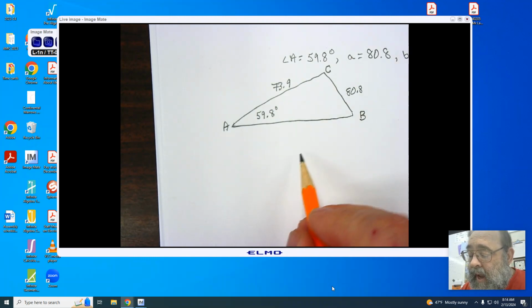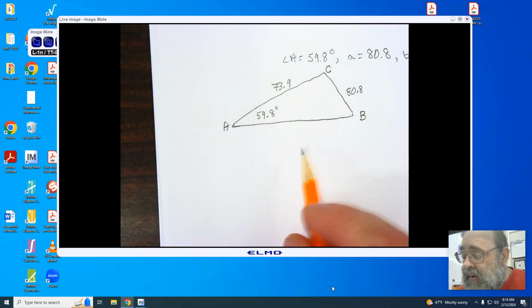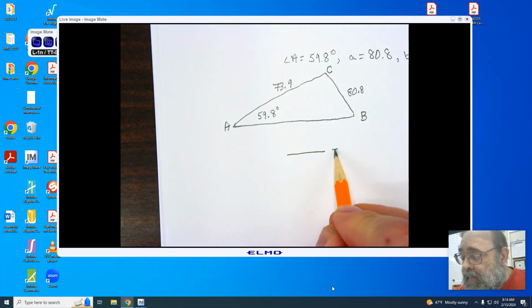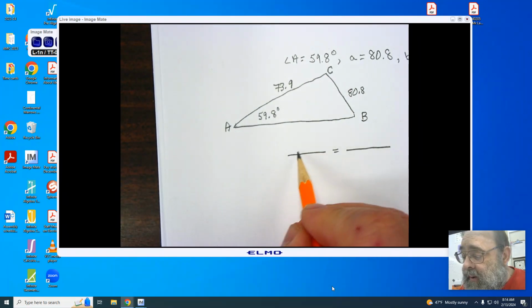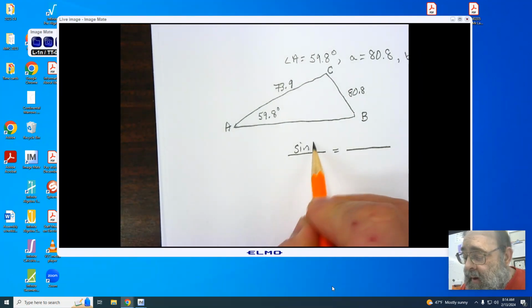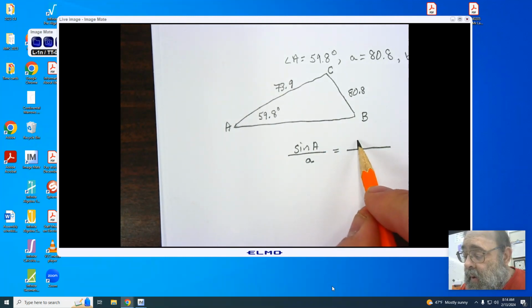When you're looking at the law of sines, look at the information that you have and set up the proportion based upon your information. You have sine of angle A, since angle A is given, and you have side A. We're going to have to find angle B since angle B has not been given.